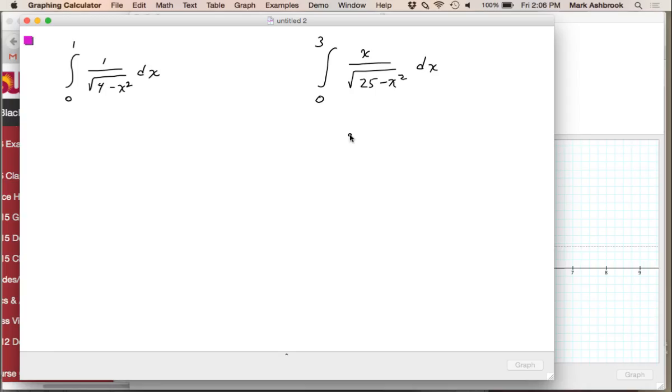Okay? So this first one, is it undoing the chain rule? Do we have something like g prime of f of x times f prime of x? Is that what we have here? Someone's saying yes. Does everyone agree?